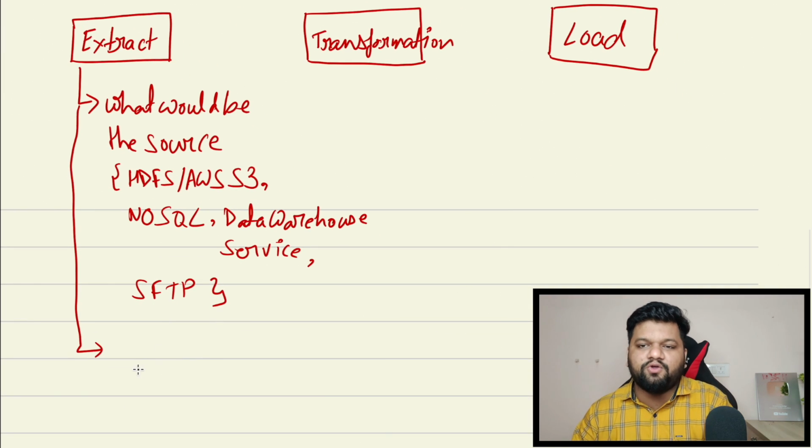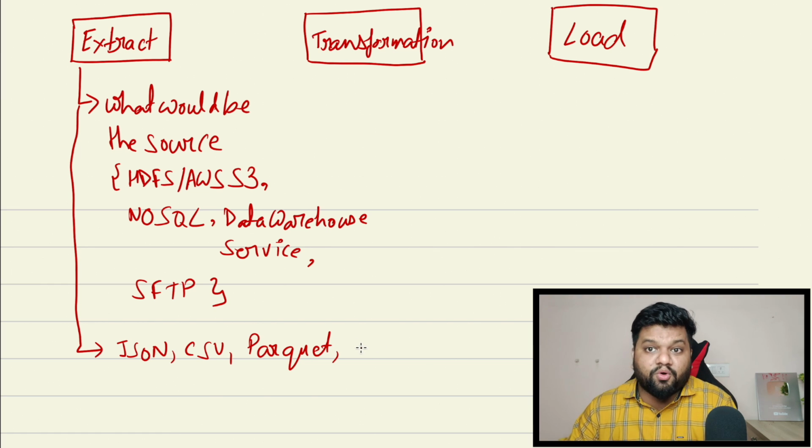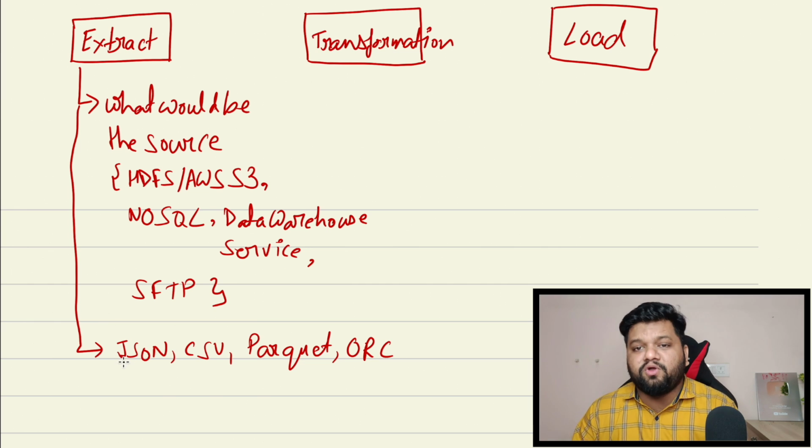And once your source is finalized, right, from where you are going to get the data, second thing which you need to focus on is what would be the format of that data, right? So in this case, the basic file formats like JSON, CSV, Parquet, ORC, right? These kind of very popular data formats we know in the big data. So you need to figure out what kind of format of the data you are going to get here.